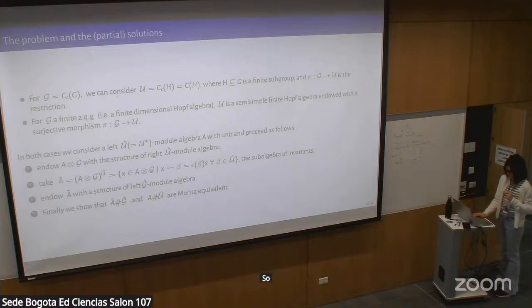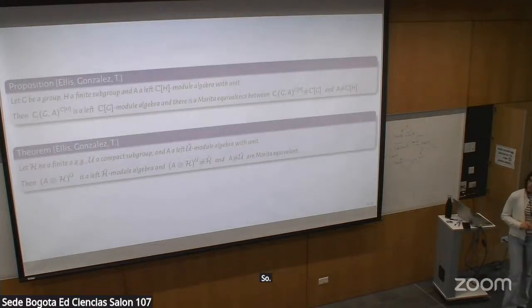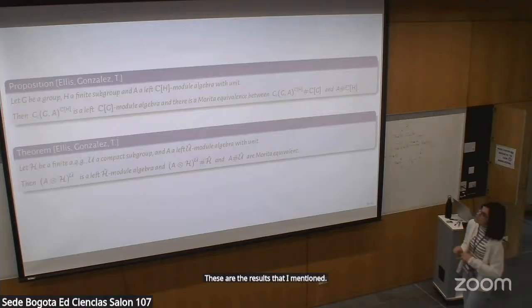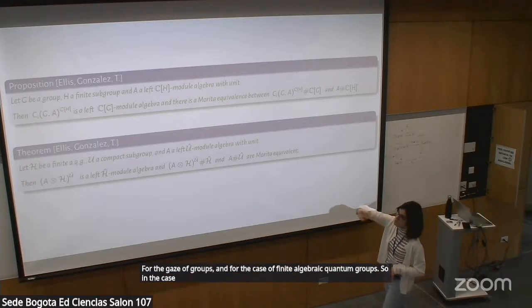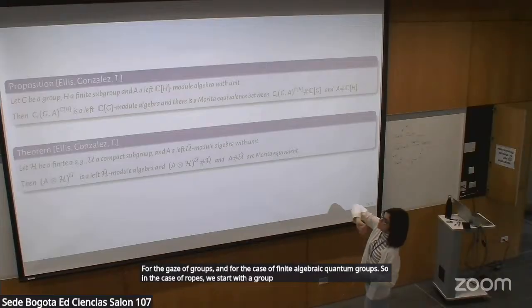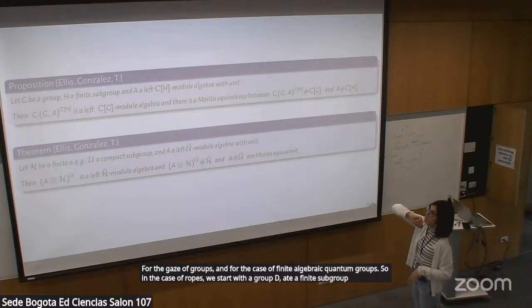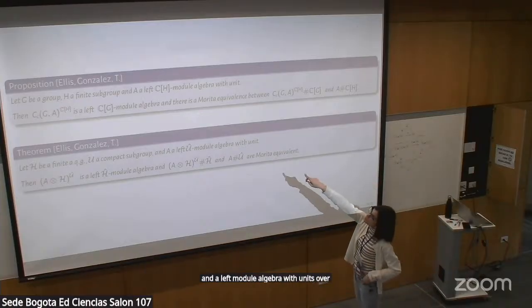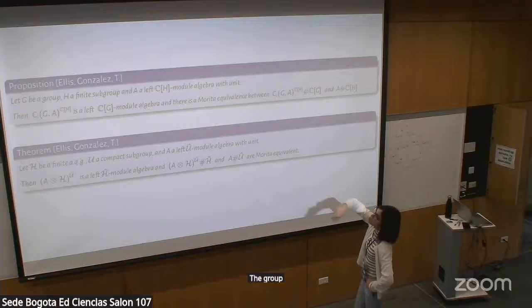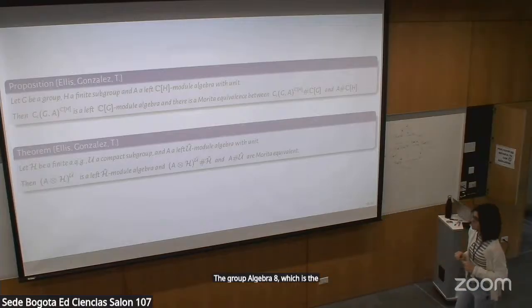So these are the results that I mentioned for the case of groups and for the case of finite algebraic quantum groups. So in the case of groups, we start with a group D, H a finite subgroup, and A a left module algebra with unit over the group algebra of H, which is the dual of the original. This is like the U hat, okay?